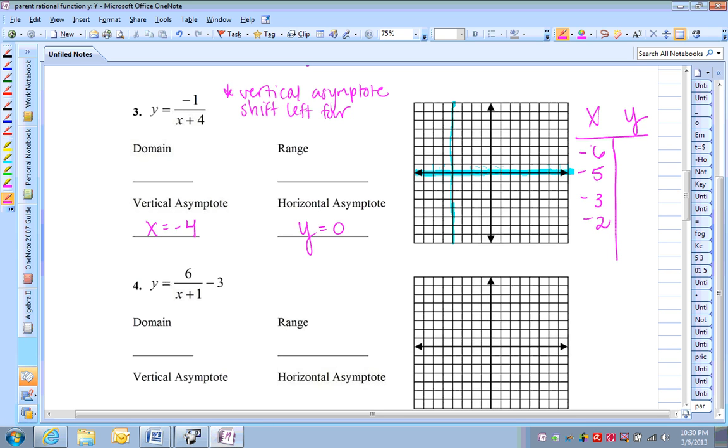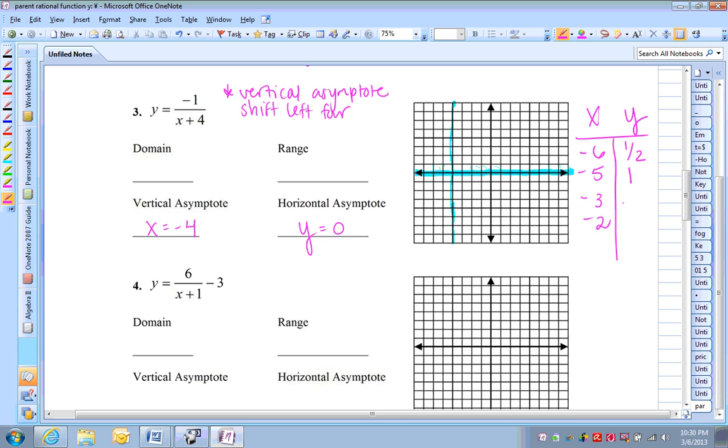Okay, and then I'm going to plug each of these x values into my original equation. So when I plug in -6, I get a y value of 1/2. And when I plug in the x value of -5, I get a y value of 1.